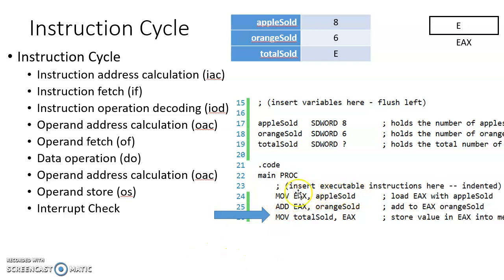This first statement, move EAX apple sold, had to do operand address calculation, calculating where apple sold was. Then the next instruction had to do the operand address calculation to figure out where orange sold was. But on the third one, the operand address calculation is figuring out where total sold was in order to then do the operand store.